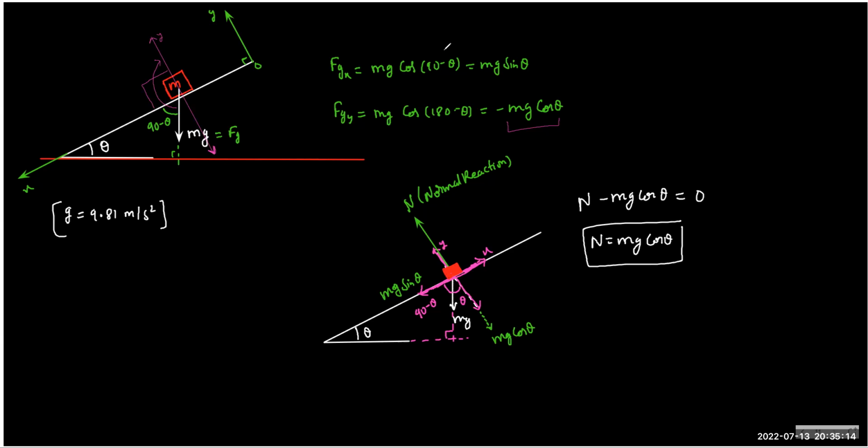I need not bother about mg sin theta while dealing with the forces in the direction normal to the surface. And while dealing with the forces along the surface, I will totally ignore what these guys are doing. That is how we separate the values into two different segments and deal with each segment separately, which is quite easier. So that is how we separate the concern.